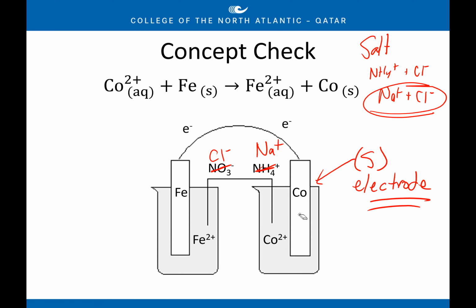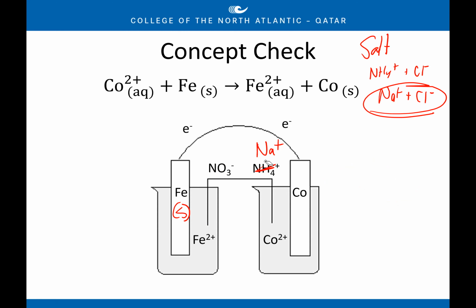So always put your solids here and your ions here. Ions are in the beakers in the solution. Solids are the sticks, the rectangles, I guess. Does that make sense, Abdulhalim? Because that might really help you. Okay, that's good. I'm glad you asked me that question.